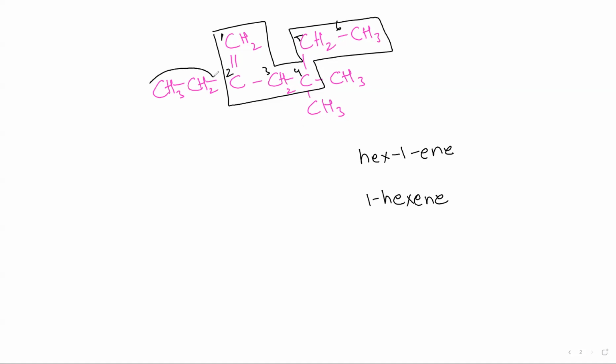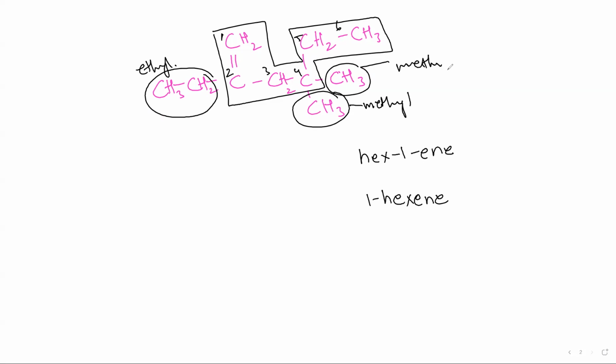Then you see over here, this one over here is known as ethyl. This one over here is known as methyl. Okay. This one over here is known as methyl again. Okay. So you see, on the second carbon, we have an ethyl group. Okay. So we will write 2-ethyl. Okay.